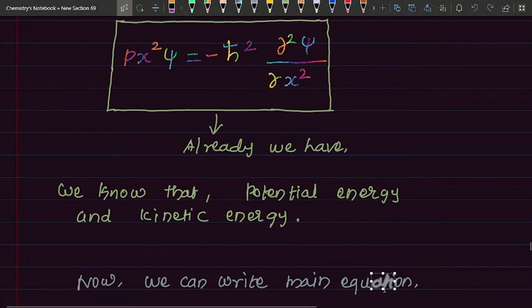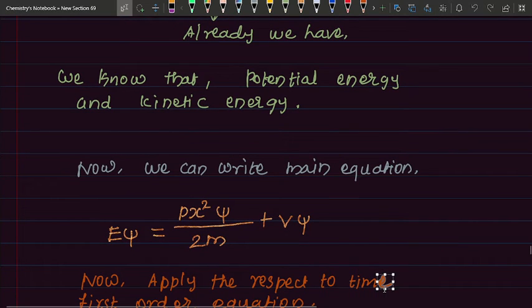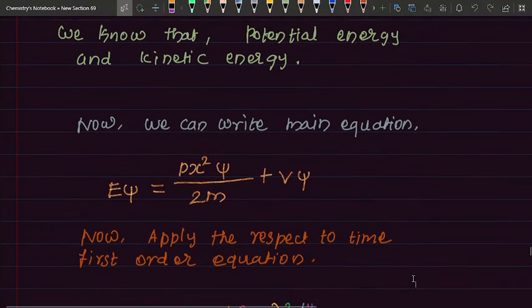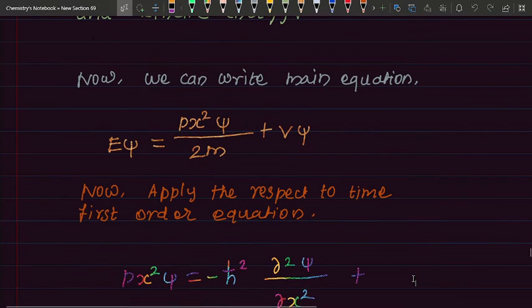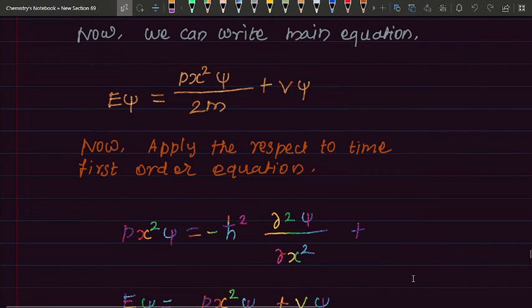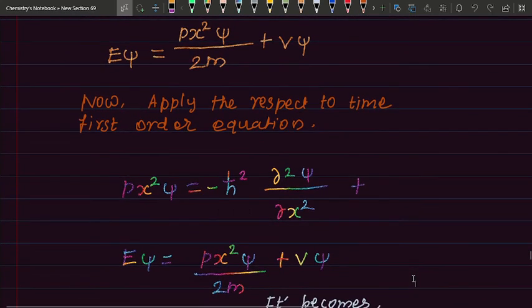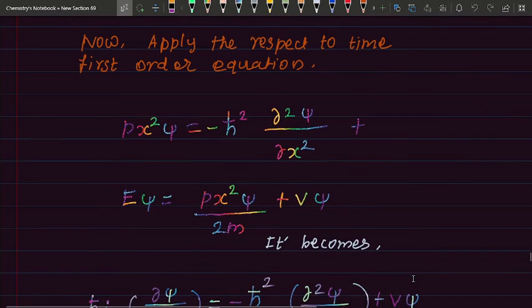We know the potential energy and kinetic energy, so now we can write the main equation, that is Eψ = px² ψ/2m + Vψ. Now apply the first order time equation, and px² ψ = minus ħ² ∂²ψ/∂x².